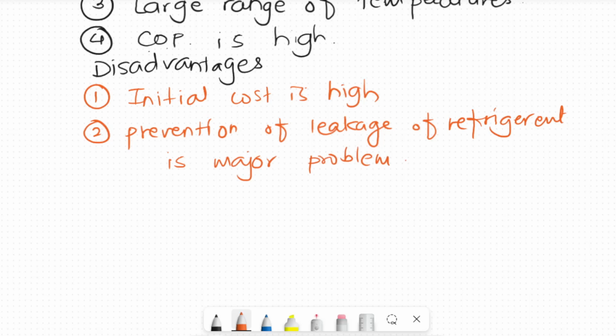So, as compared to the disadvantages, we know that the advantages are more. That's why in most of the industrial applications, in most of the household applications, you will find the vapor compression refrigeration system. The refrigerant may be different, but it will be used.